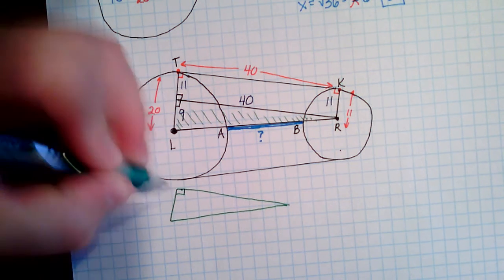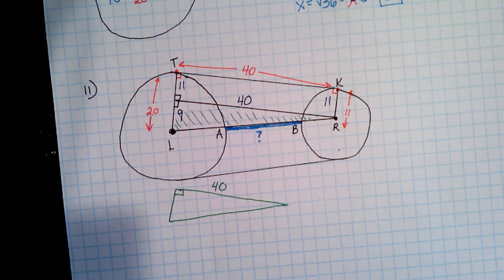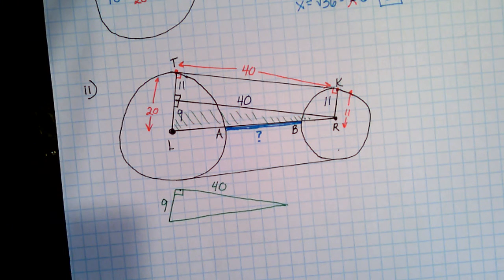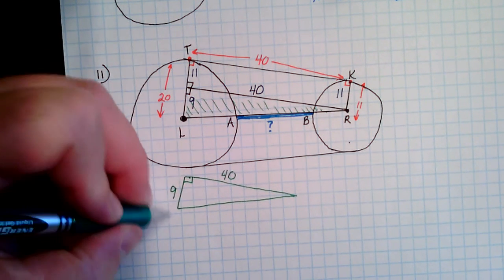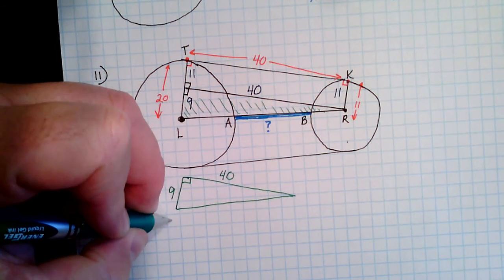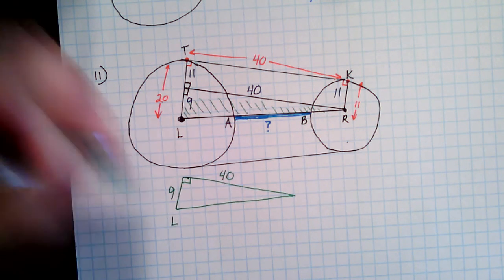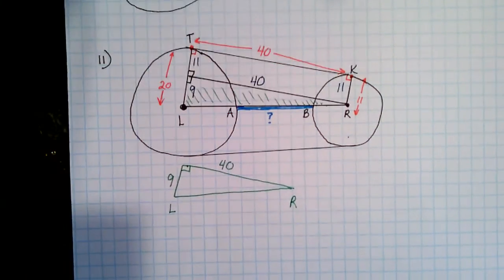So if there's my right triangle, this side is 40, this side is 9, and this side over here is the distance between L and R, the two centers of the circles.